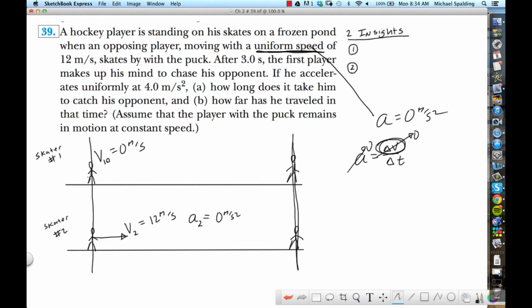So it's kind of like start point, end point, right? So skater number 1 goes faster and faster until he catches up to the opponent, right? Now, what's the acceleration that skater 1 has? Skater 1 moves with an acceleration of 4 meters per second squared. Okay.